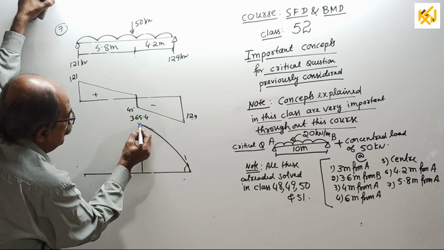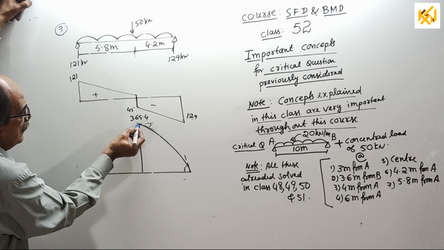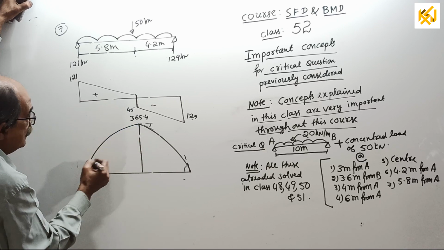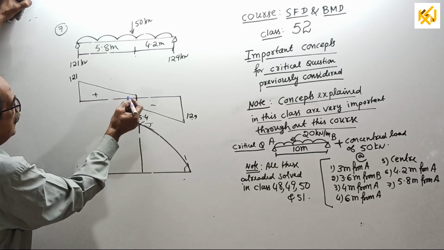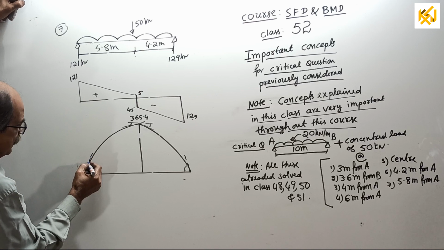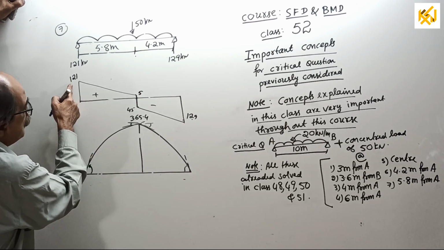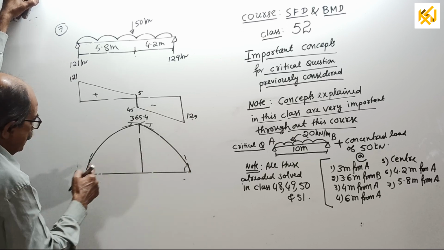Here this slope will be equal to 45. If I draw tangent here, this slope will be only 5, whereas here, if I draw tangent, this slope will be 121, not 129 more, here lesser.